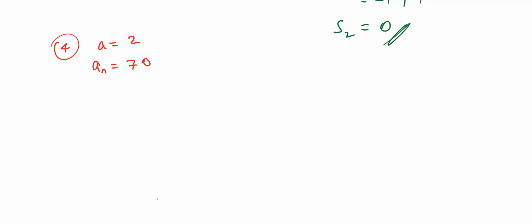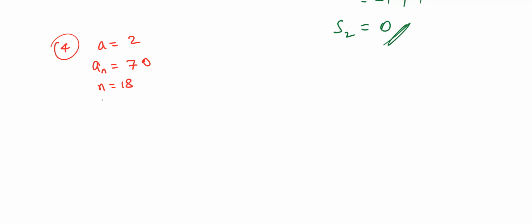If it has 18 terms, 18 means n equals 18, find their sum.